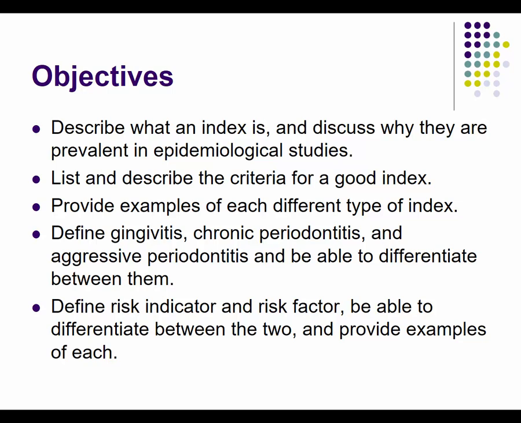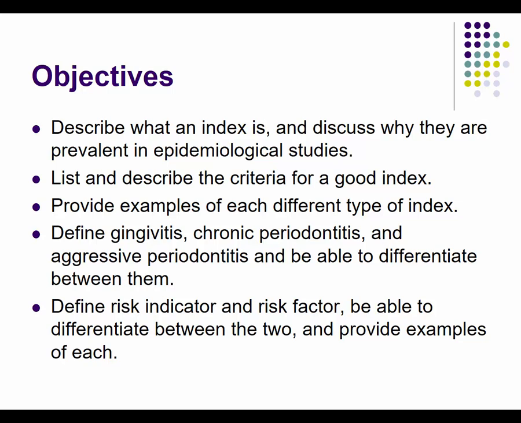Okay, so the PSR is an example of an index. You should be able to list the criteria of a good index, okay, and provide examples of the different types. So we're going to have perio indices, gingivitis indices, calculus indices, and we'll go through a couple of examples. You need to know which ones of those measure which things, okay?